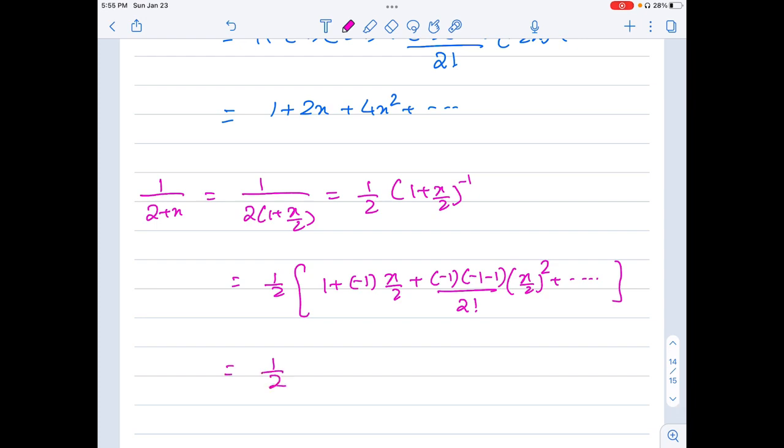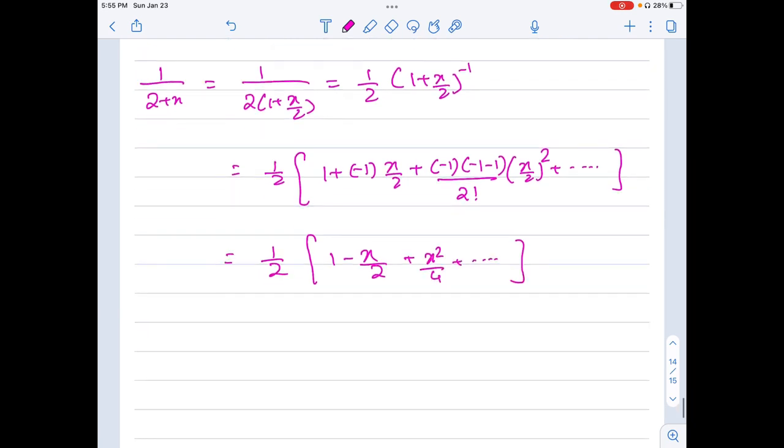So it becomes 1 upon 2, 1 minus x upon 2 plus x square upon 4. So it becomes 1 upon 2 minus x upon 4 plus x square upon 8.